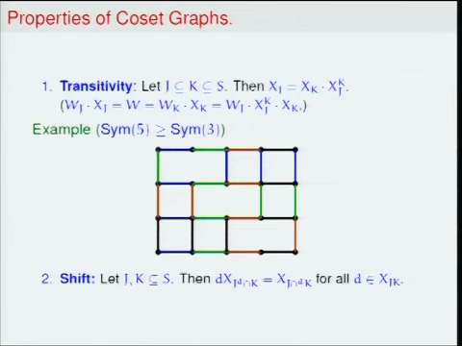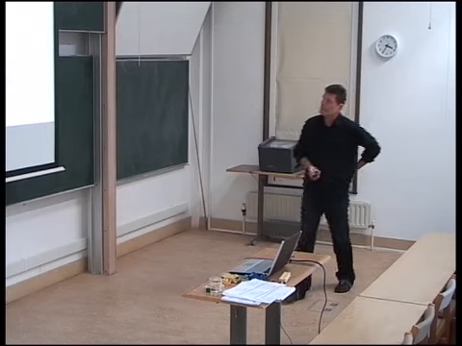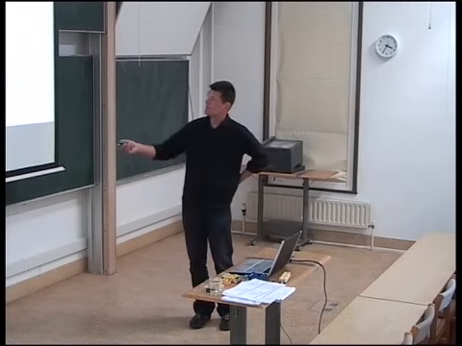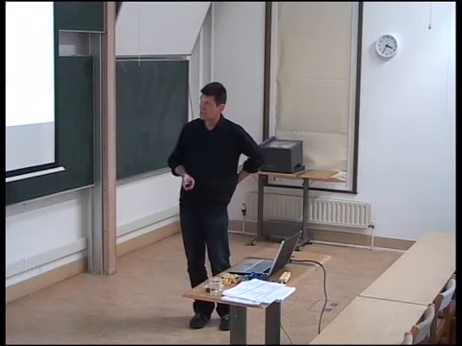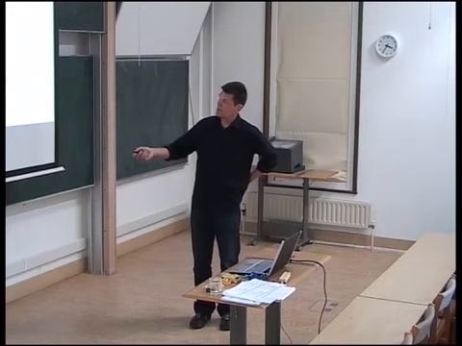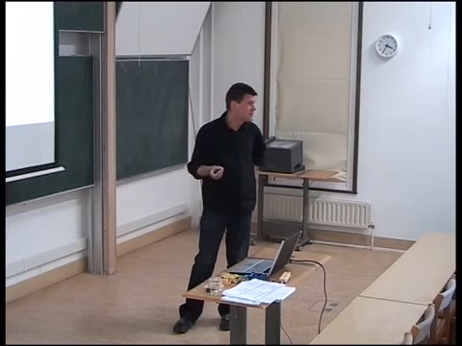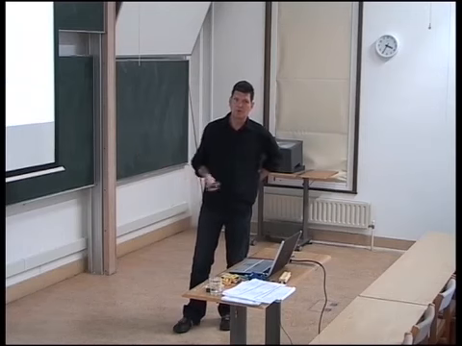Here in the special situation where we take 2 subsets J and K of S, then with regard to one double coset representative D, we can look at the intersections of J conjugated by D intersected with K, and J intersected with the conjugate of K by the inverse of D. And the property is that the graphs basically look the same, except that the vertex corresponding to the identity is shifted by this double coset representative.